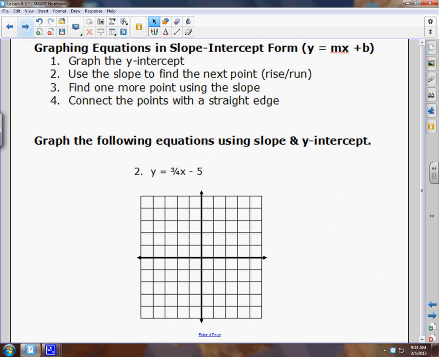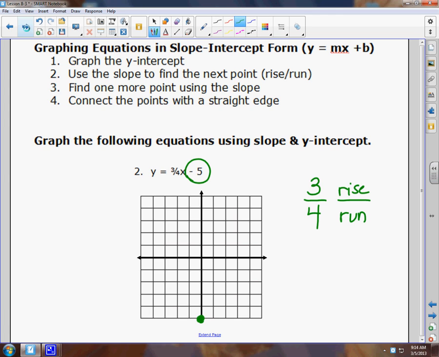So let's try another one. So first, you're going to graph the y-intercept, which is -5. Okay, that's the first step. Now I'm going to do rise over run, which is 3/4. Rise over run. So that means I'm going to rise 3 and run 4.